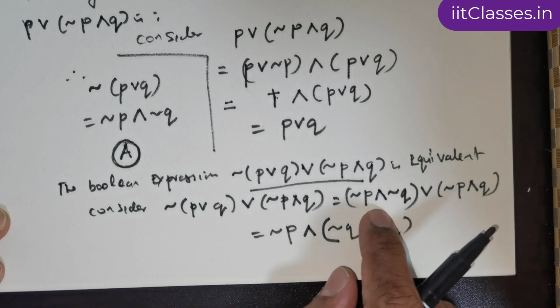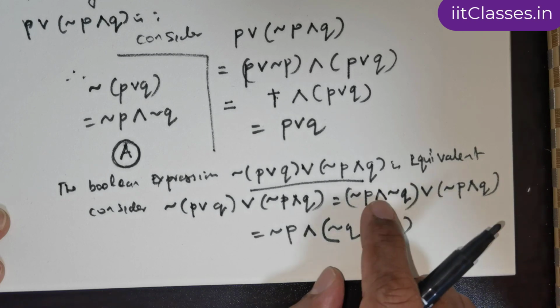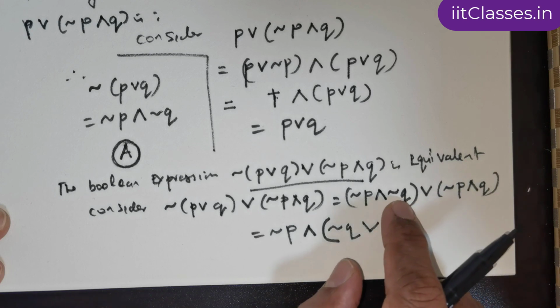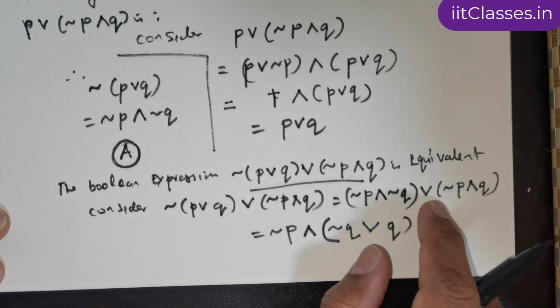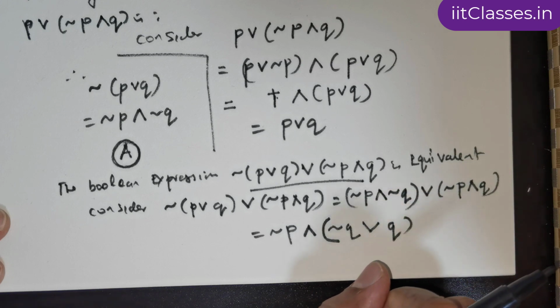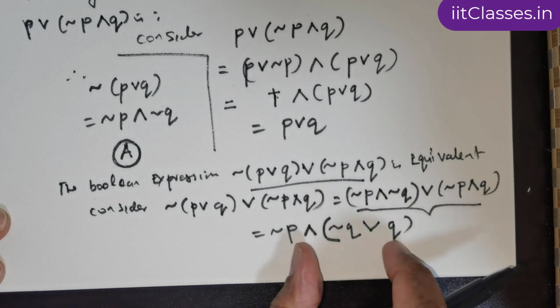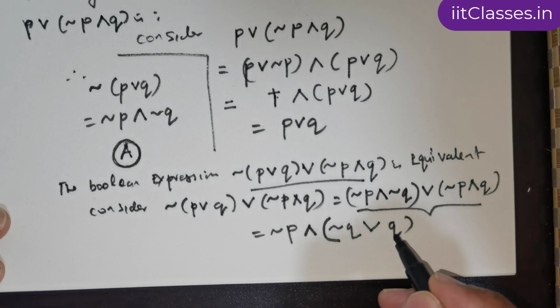Then you have the connectives: a conjunction here and a conjunction here. So I'm placing the conjunction out, and I am connecting negation of Q with Q by means of the connective disjunction. But what is this? This is actually the distributive property expansion. That's exactly what it is. Now what happens when negation of Q unites with itself, or I should say with Q?